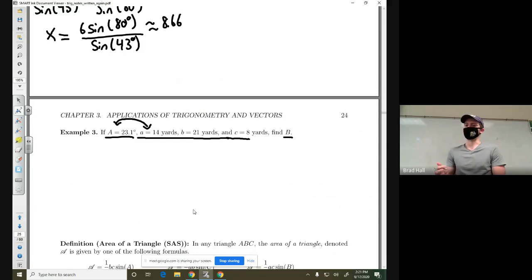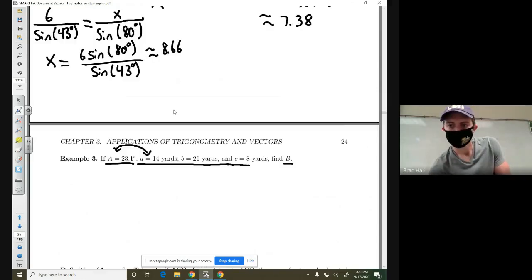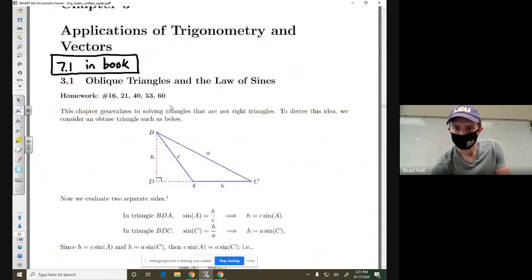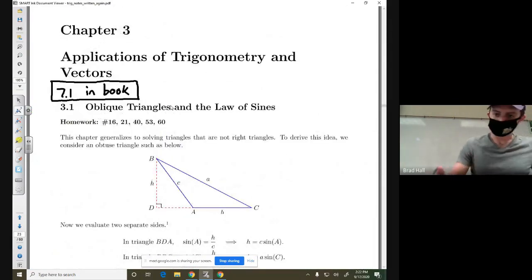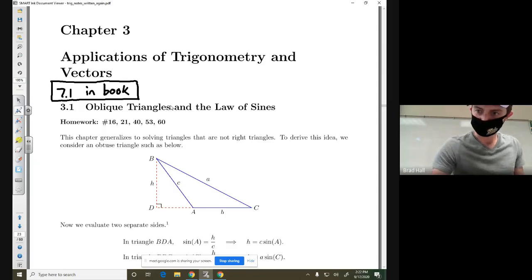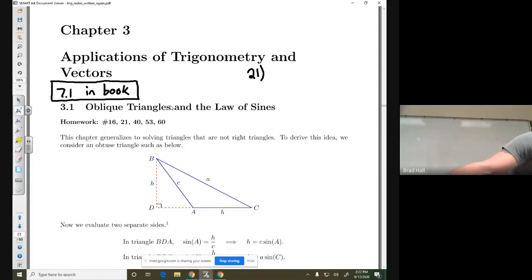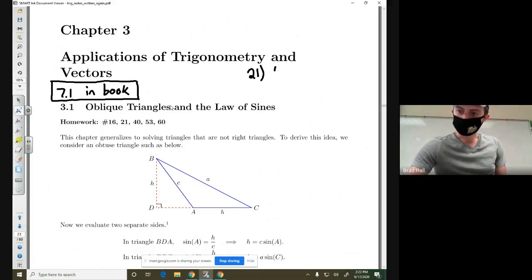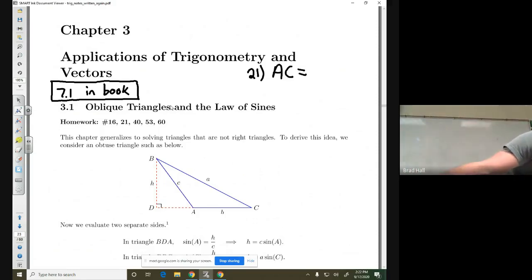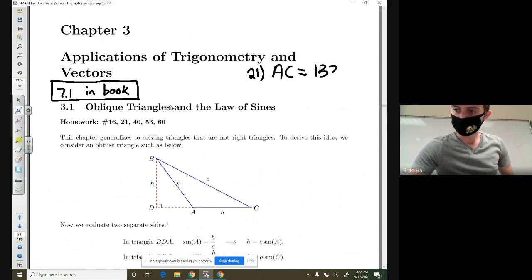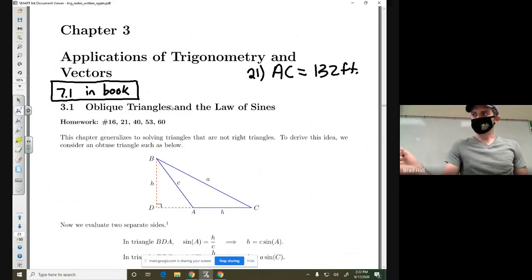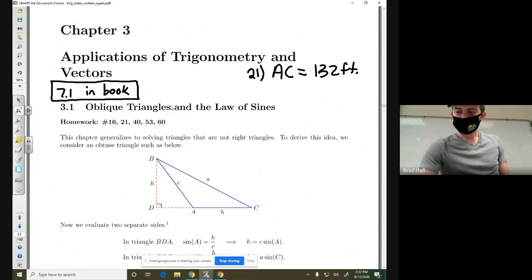Sometimes, in fact, in one of your homework questions, I think this is a good time to interject this. In 7-1, number 21, I remember getting questions about this notation. When they say AC is equal to 132 feet, this is little b.